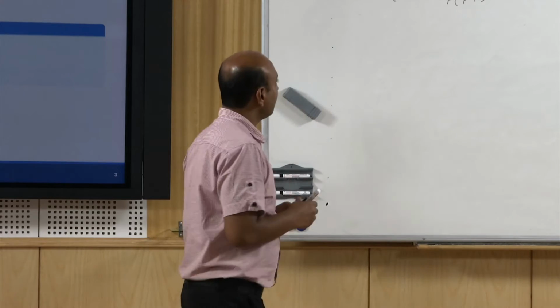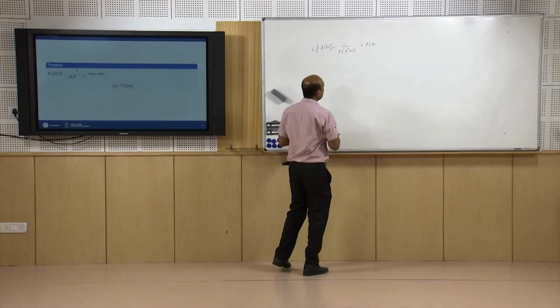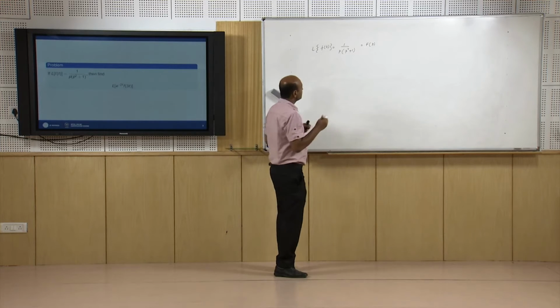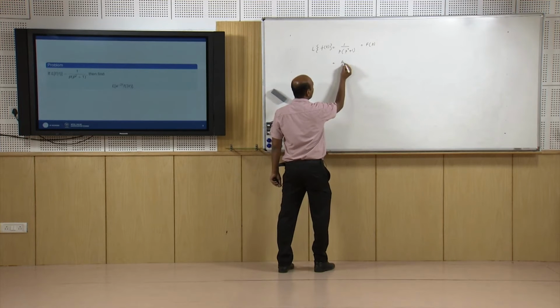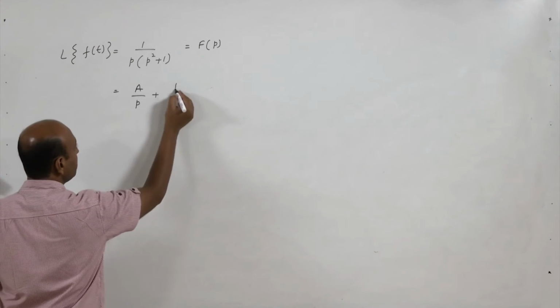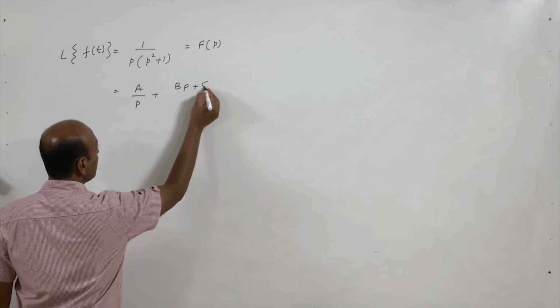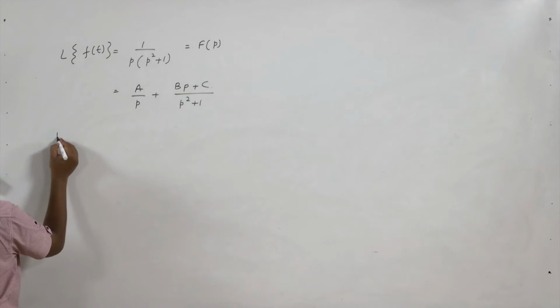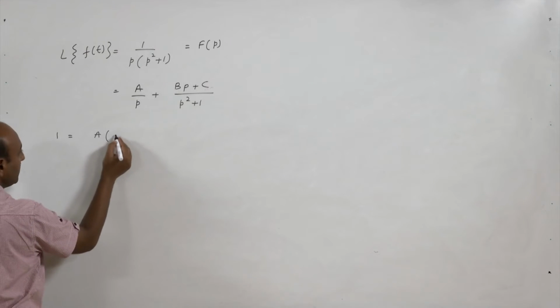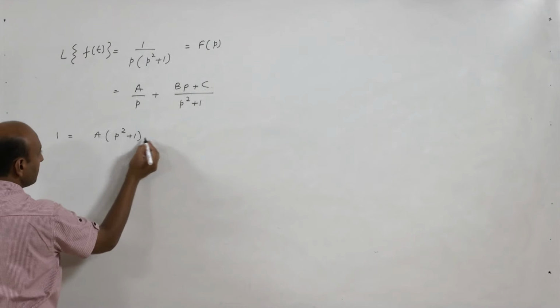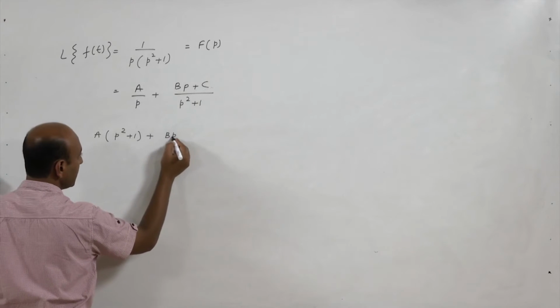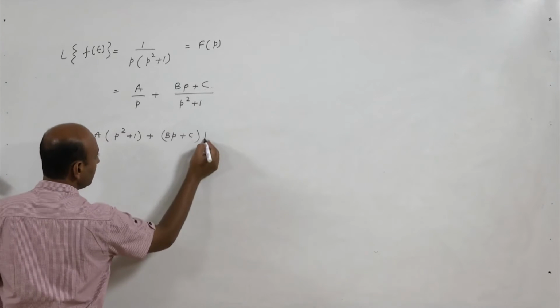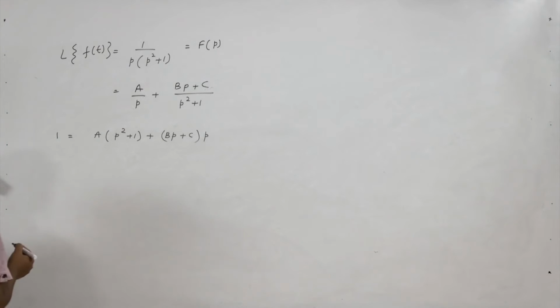Now, how can we find the Laplace inverse of this? Again using partial fractions. This is nothing but A/p + (Bp+C)/(p^2+1). So, 1 = A(p^2+1) + (Bp+C)p.